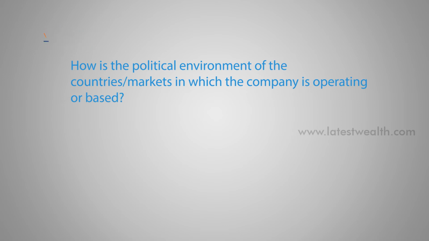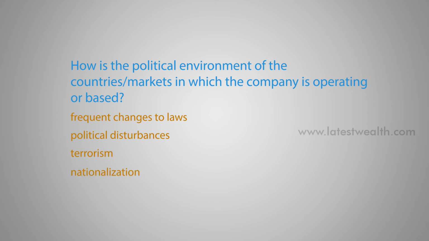Generally what happens is a stable environment supported by law and order in the society leads to companies being able to operate without threats such as frequent changes to laws, political disturbances, terrorism, nationalization. All these problems will not be there if the government is stable and law is running. A stable political environment also means that the government can carry on with progressive policies which would make doing business in the country easy and profitable.